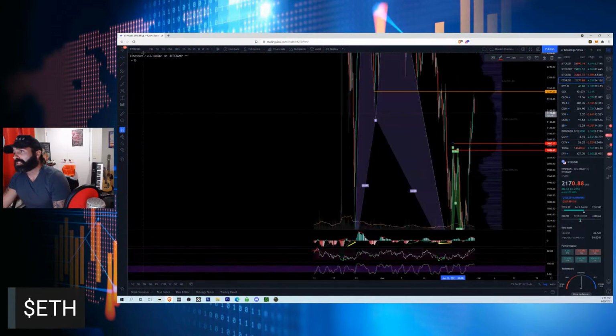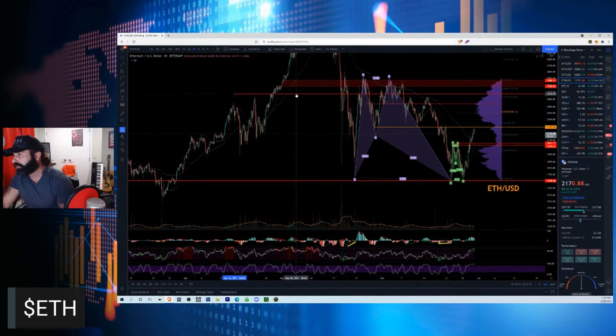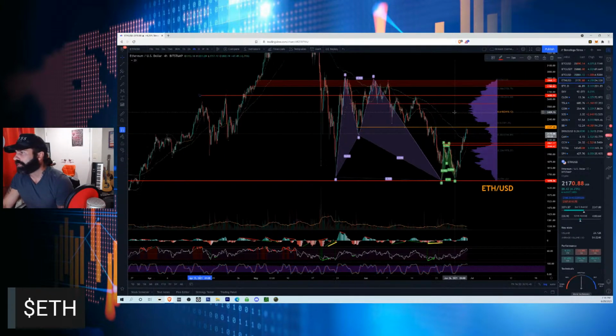Ultimately, I would love to see Ethereum break this zone, come up here and retest 2548 to about 2650. We kind of hooked onto that with that nice wick. You got a couple double top candle closes on Ethereum there as well.